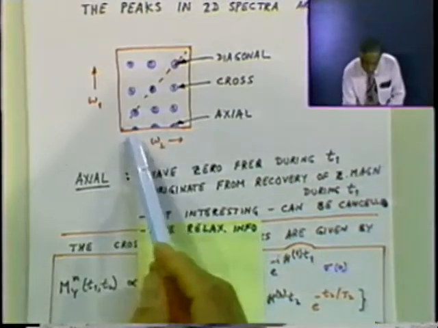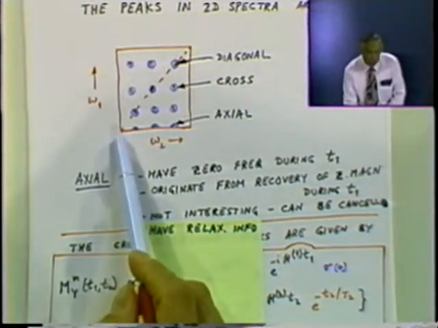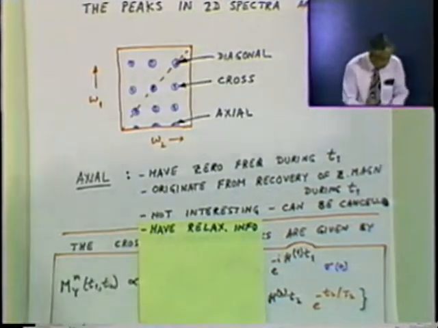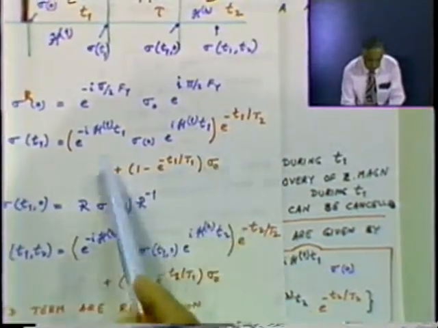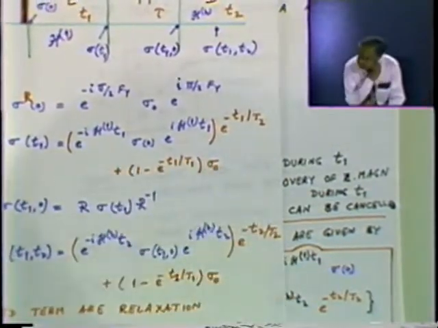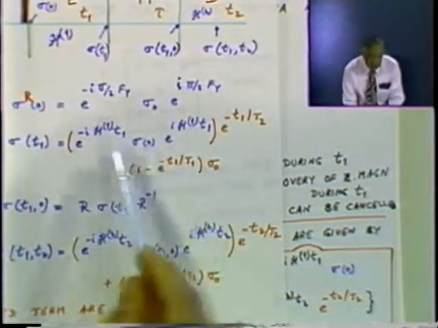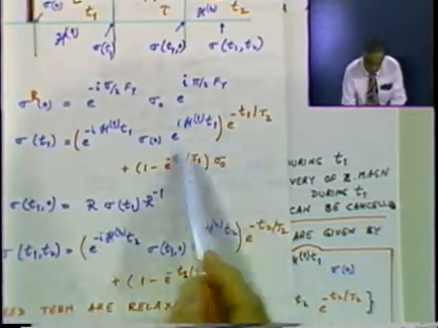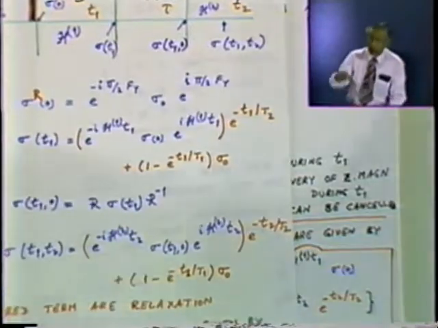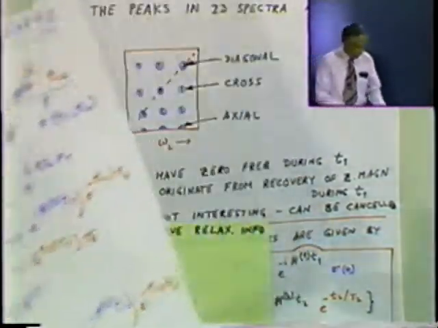And we have these axial peaks which have zero frequency in time domain t1. And these are the peaks that come from this term. Okay, these are the zero frequency terms. If there is a zero frequency component present here, that will also contribute to axial peaks. Okay, but these peaks basically are the ones which are growing during t1 with a zero frequency from relaxation.